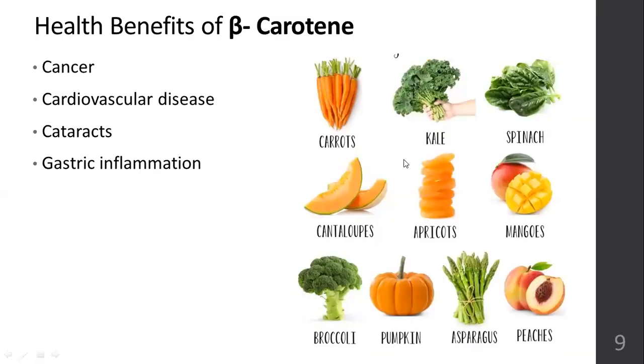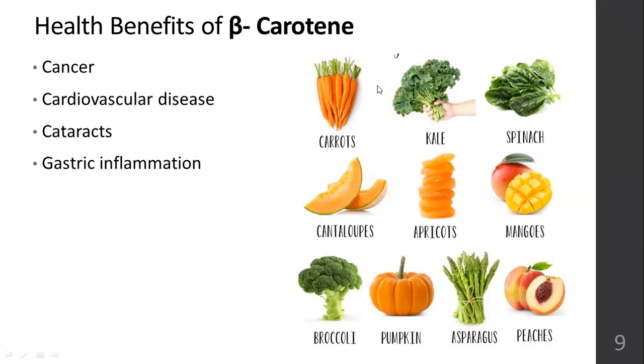Coming to the health benefits of beta carotene. Cancer. Many studies have shown that high intake of food which is rich in beta carotene can reduce the risk of certain cancers, especially female reproductive system cancers, GI system cancer, mouth and gum cancer, trachea and lung cancer, epithelial cell cancer.